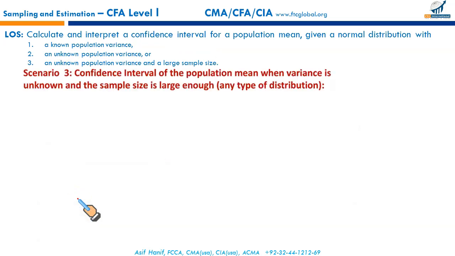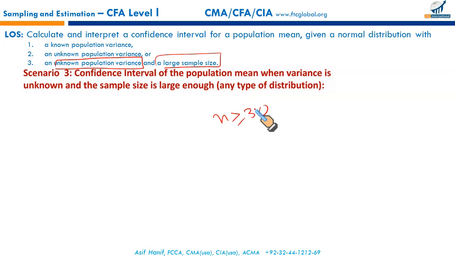And the third one. When the population variance is unknown, but the sample size is large. If you remember the central limit theorem, that theorem said that if the sample size is greater than 30, any non-normal distribution can be approximated as a normal distribution.